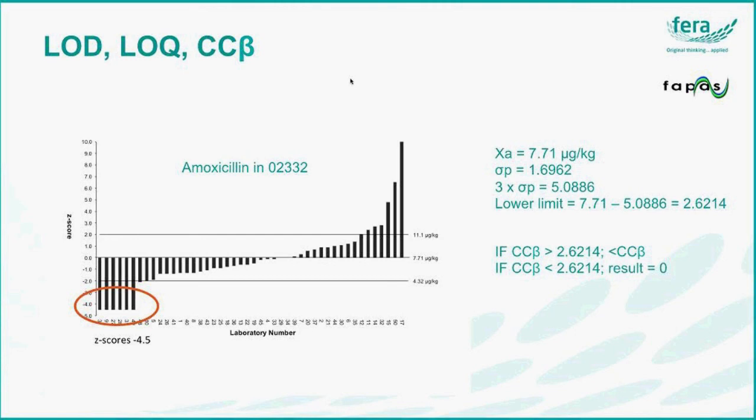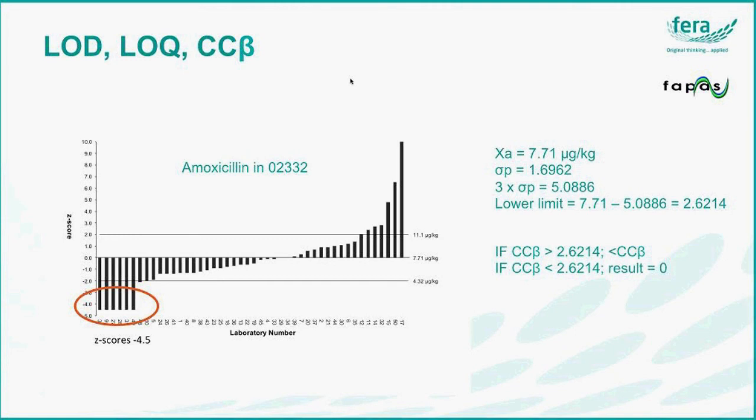The assigned value in this case is 7.71, with a standard deviation of 1.6962. What we're doing is assessing laboratories on whether they should have been able to detect amoxicillin based on their CC beta.